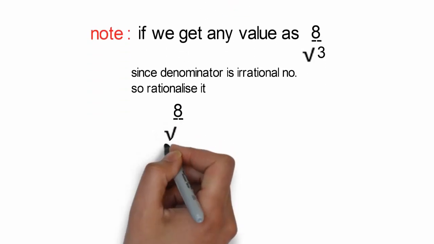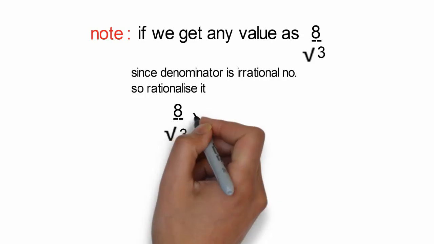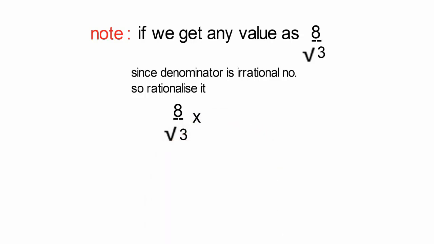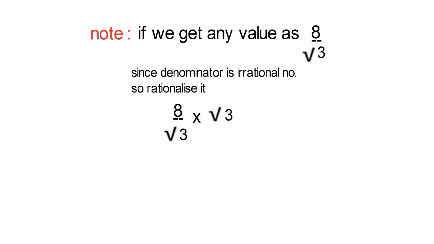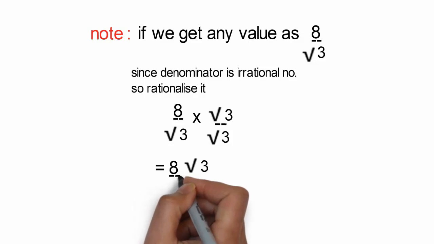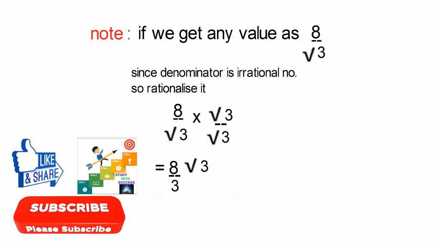First we take the number 8 upon root 3. At the denominator we have root 3, so we multiply the numerator as well as the denominator by root 3. Whatever number you have at the denominator, multiply and divide the numerator and denominator by it. Multiplying numerator by numerator, we get 8 into root 3 equal to 8 root 3, and at the denominator root 3 into root 3 will be equal to 3. So this way you can do the calculation. Thank you.